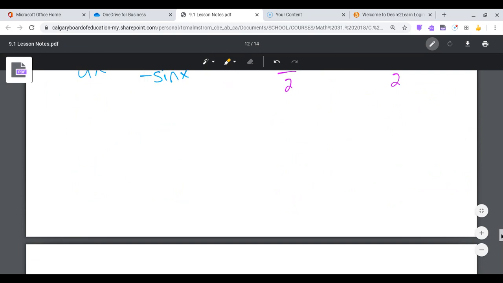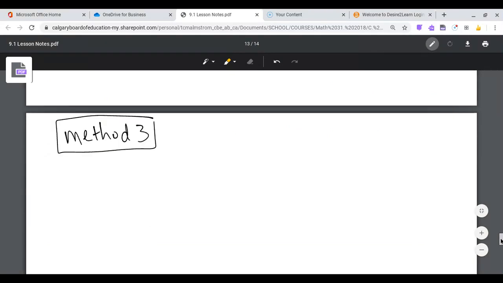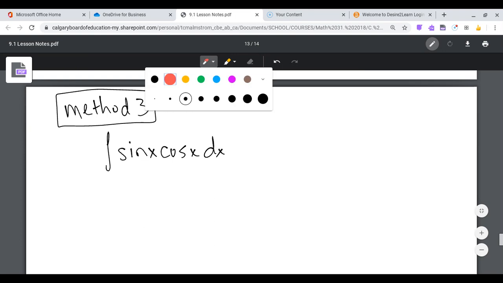yeah, I'm going to scroll. So method number 3 would be to use an identity. Okay, so rather than doing substitution, we're integrating sine x cos x in terms of x. So there's the dx. So instead of using the substitution rule, I'm going to see, is there an identity that I could use? So what do I know?